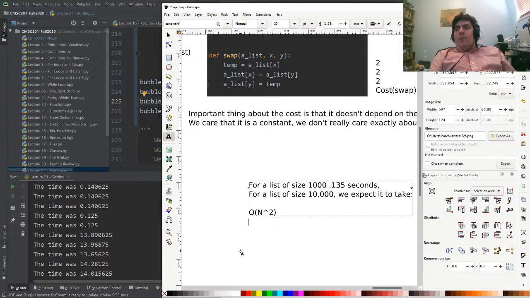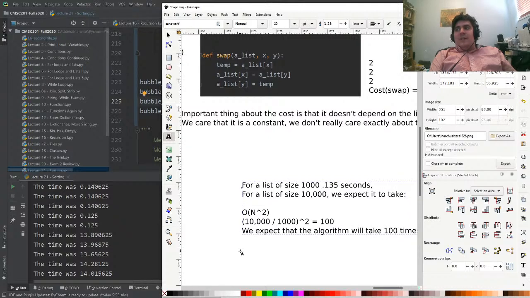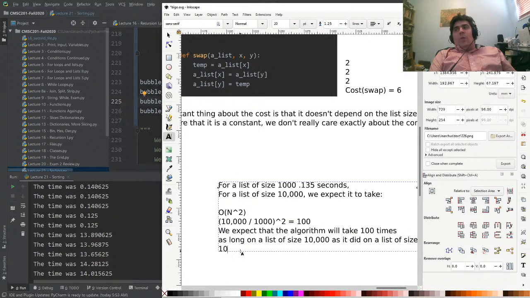So being O of n squared, 10,000 divided by 1,000 is equal to 10, but 10 squared is equal to 100. So we expect that the algorithm will take 100 times as long on a list of size 10,000 as it did on a list of size 1,000. Okay, that's what we expect.